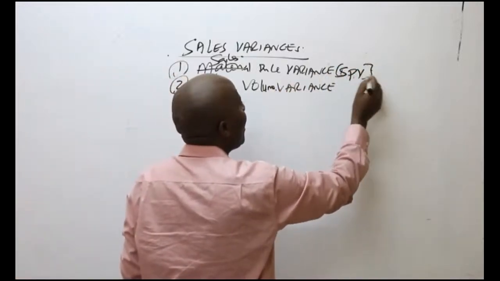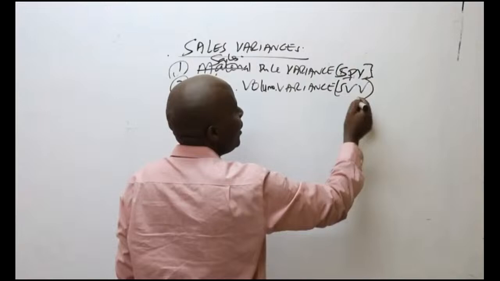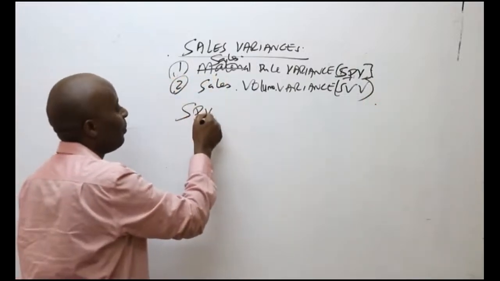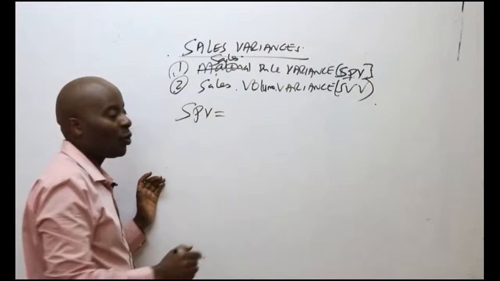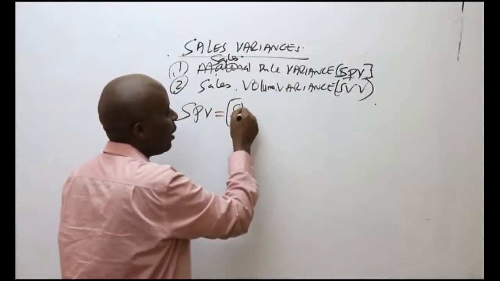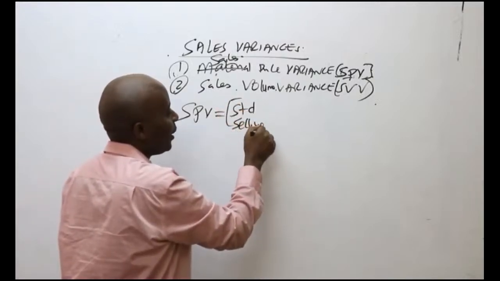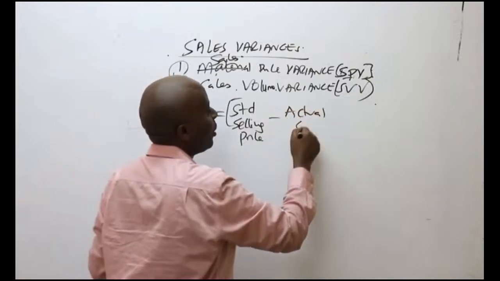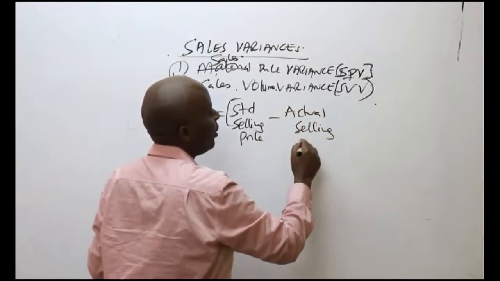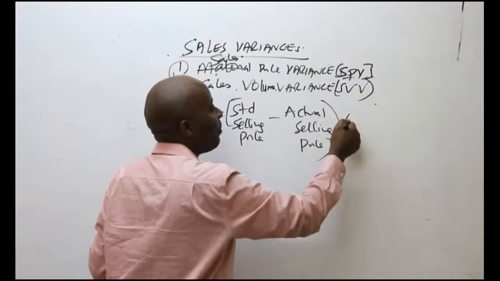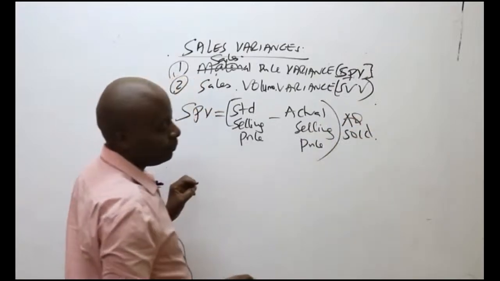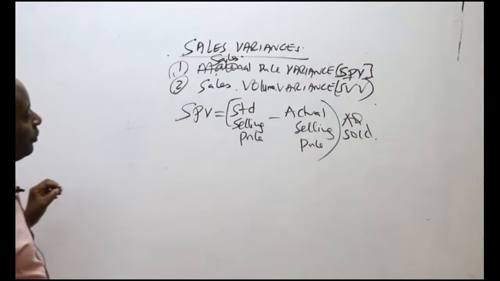This is SPV, this is SVV. So to get the sales price variance, ladies and gentlemen, what do we have here? We have the standard selling price minus the actual selling price, multiplied by the actual quantity that was sold.